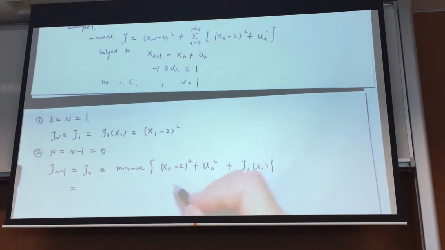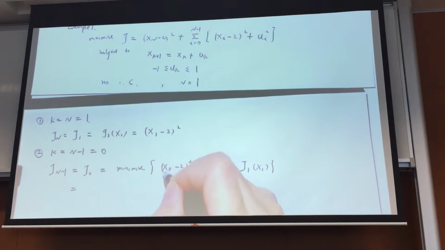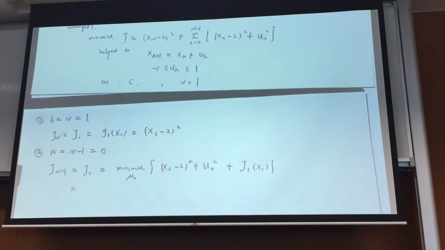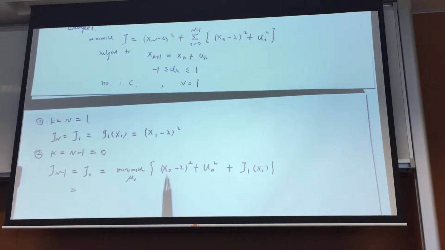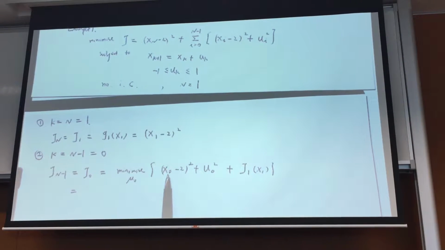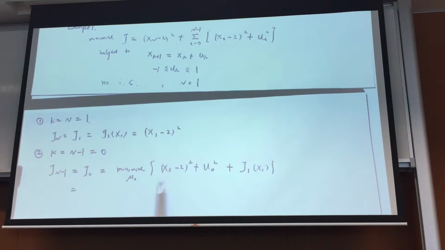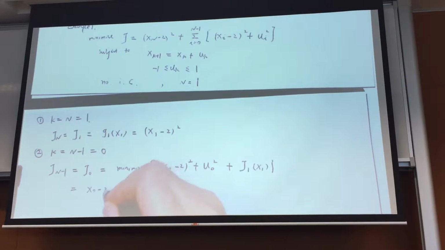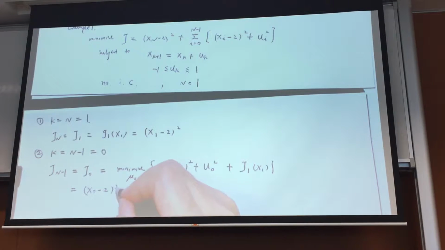We are going to optimize this function with the control policy at k equal to 0. Because x0 has nothing to do with the input, the x0 term can be moved out of the optimization.